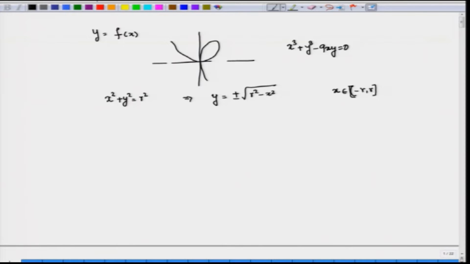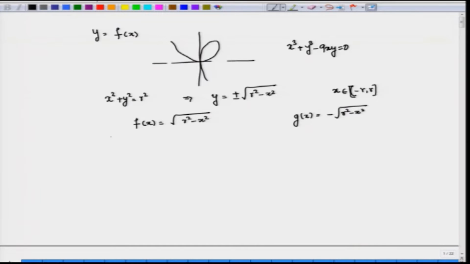Okay. So, now let us define a function f of x which is equal to square root of r square minus x square, and g of x, which is equal to minus square root of r square minus x square.